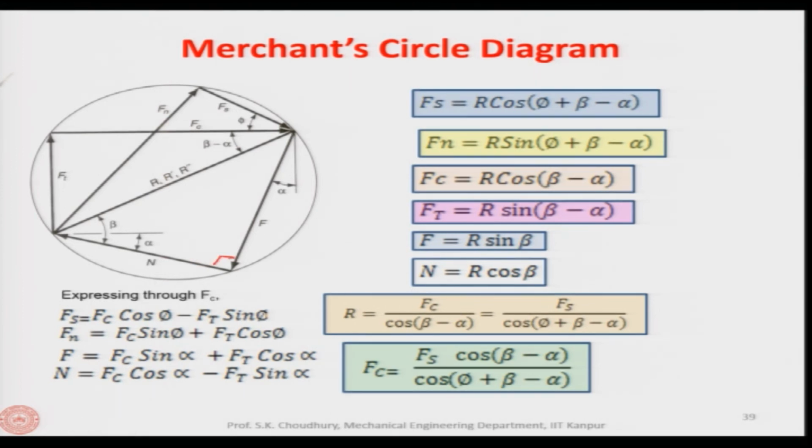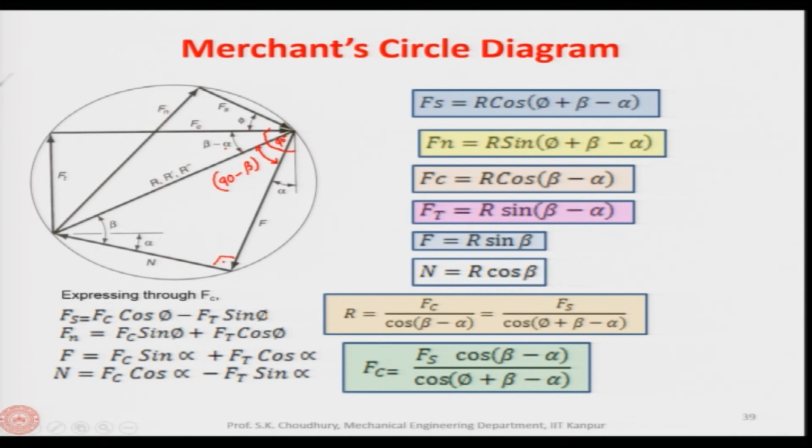This angle will be 180 minus 90, so this is 90 minus beta, and this is 90 degrees again, and therefore this angle will be beta minus alpha. Beta is the friction angle, alpha is the rake angle of the tool.